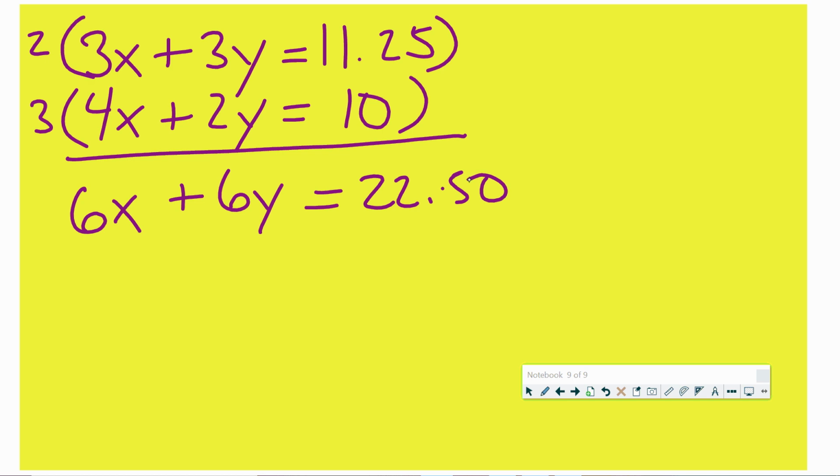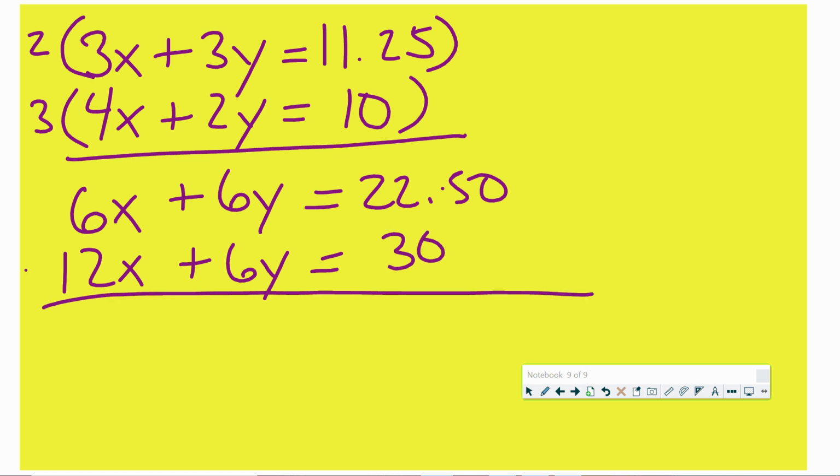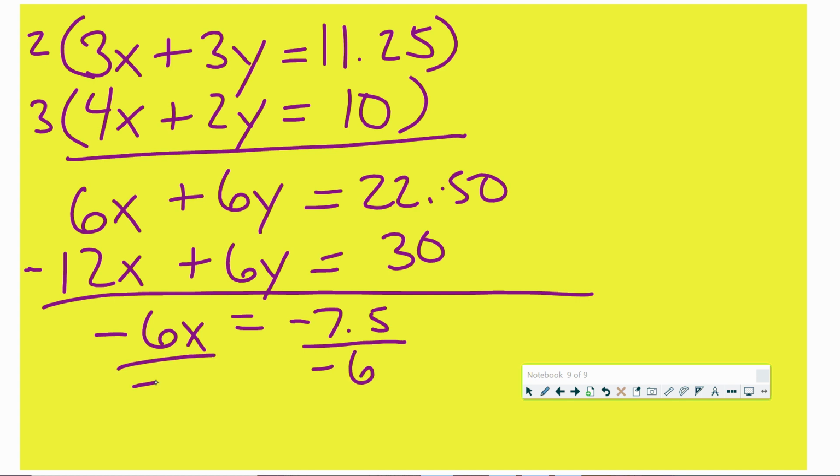And then my bottom equation is going to be 12x plus 6y equals 30. So I'm going to subtract. 6x minus 12x is negative 6x. My y's cancel out. 22.50 minus 30 is negative 7.50. Then I divide both sides by negative 6. x was $1.25.